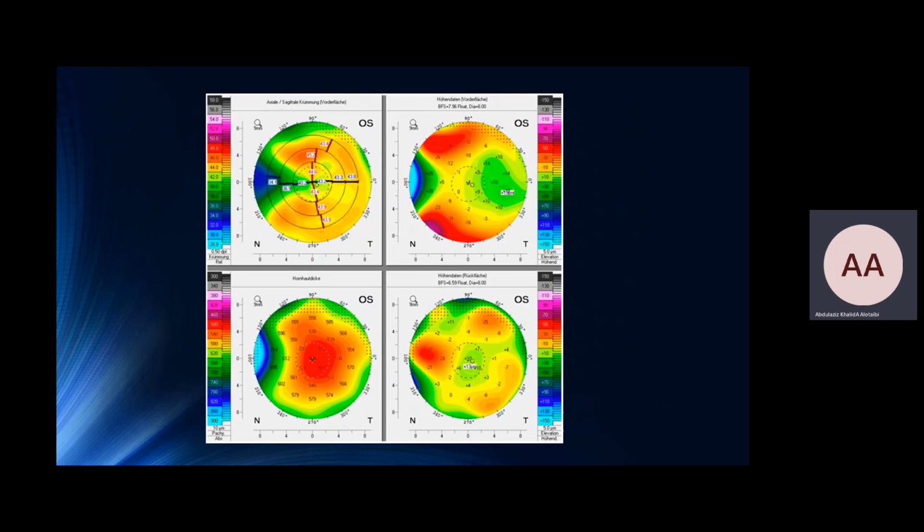Scar. Okay. There is maybe pterygium thickness. Good. What else?